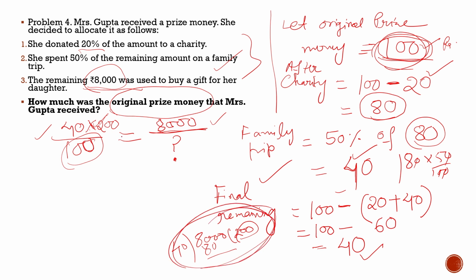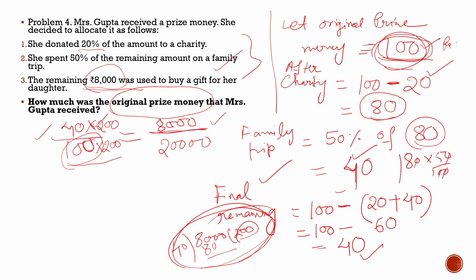Since you are multiplying the first term with 200, to maintain this equality you have to multiply 100, that is the second term of this ratio, also by 200. Right? So how much is 100 into 200? 100 into 200 will be 20,000.